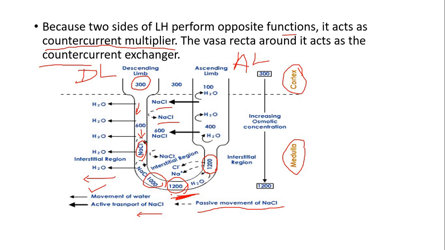Now when it starts entering the ascending limb, the 1200 filtrate becomes 400, because NaCl leaves the ascending limb. NaCl leaves, and it becomes 100, more diluted towards the distal convoluted tubule. When the fluid reaches the distal convoluted tubule, it is more diluted.